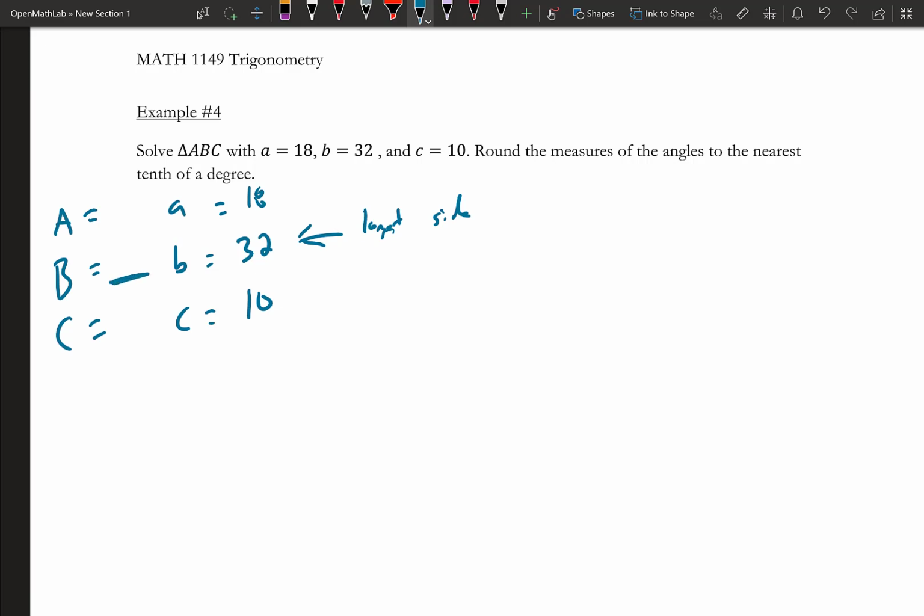Using the alternate form from the law of cosines, we'd have cosine of B equals a squared plus c squared minus b squared all over 2ac.